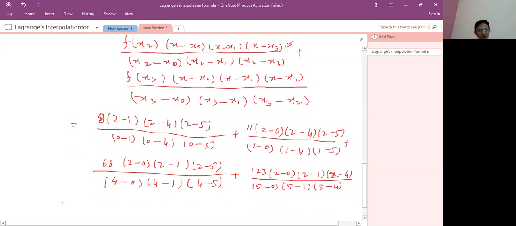When we apply the calculator to each part and simplify, the answer is 18 when x is 2.